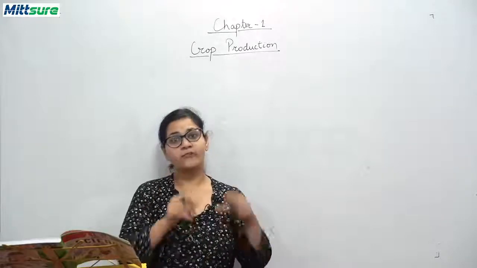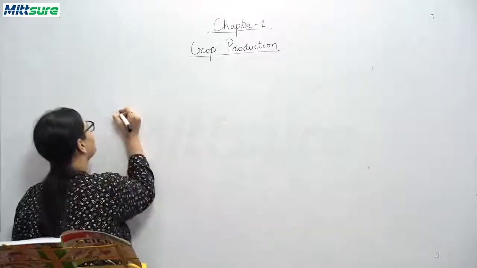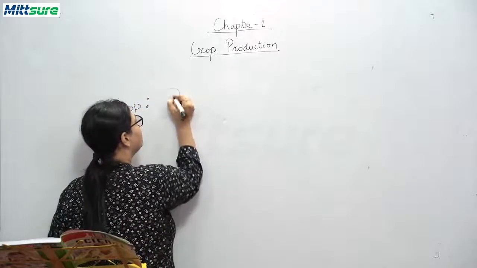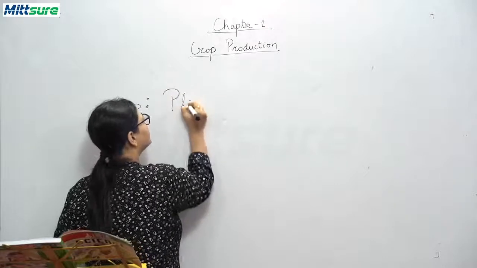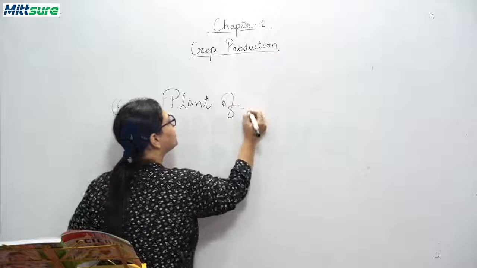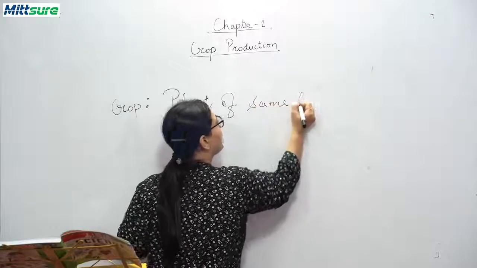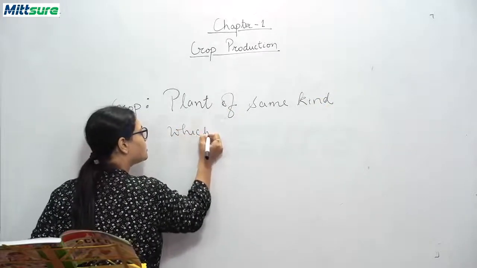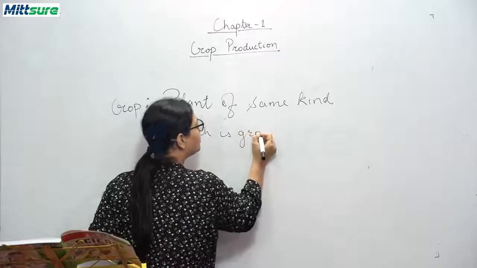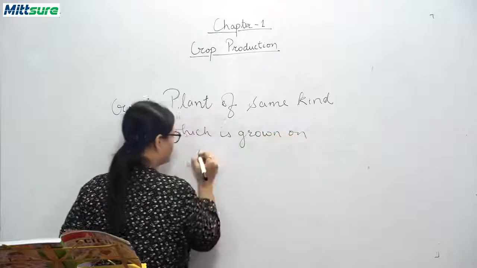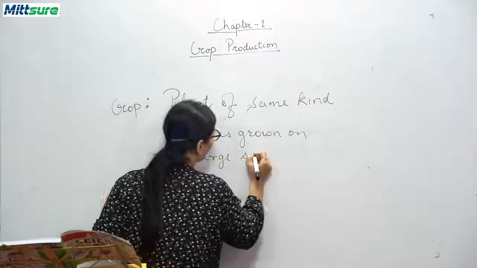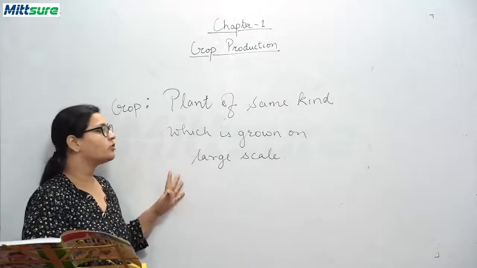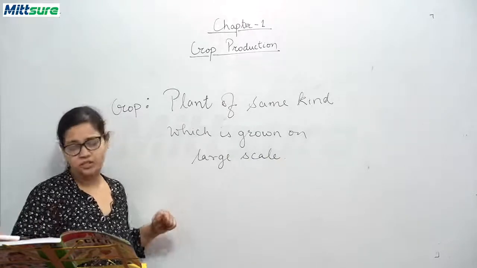A crop is a plant of the same kind which is grown on a large scale.